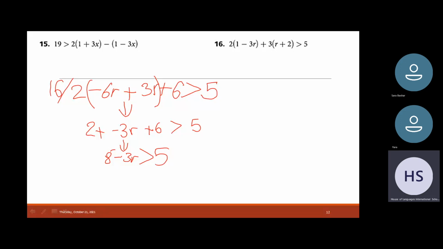Why 2? Is 3 plus 2, 6? Wait, here you have 8 minus 3r.